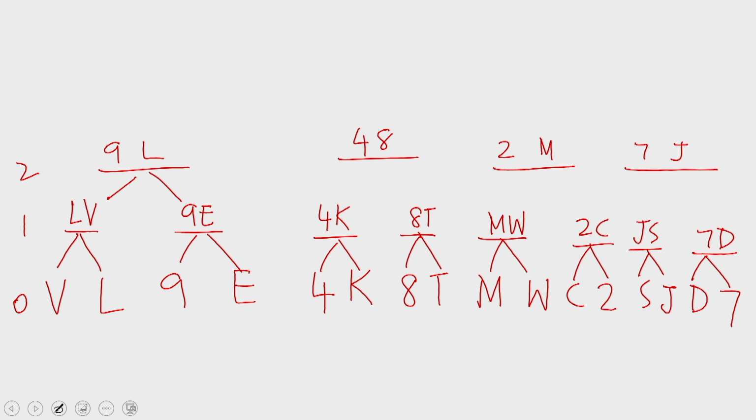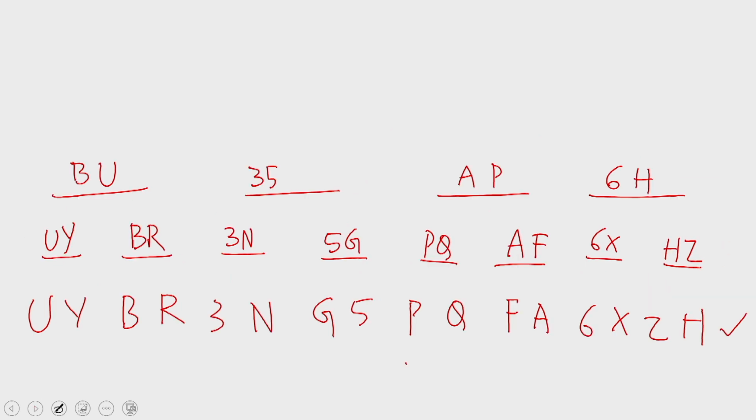So, the parent at level 2 is now going to contain 9ELV, and here we are going to get 48KT, then 2CMW here and 7DJS here. At this point, all these level 1 nodes are done.